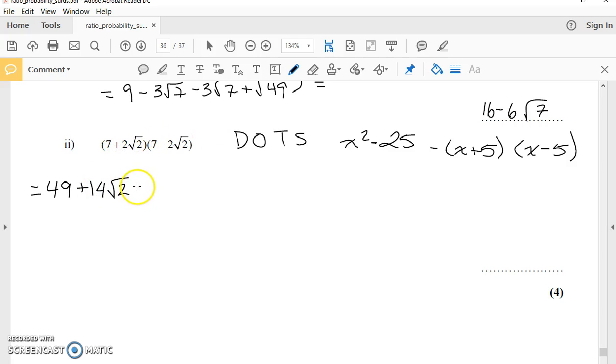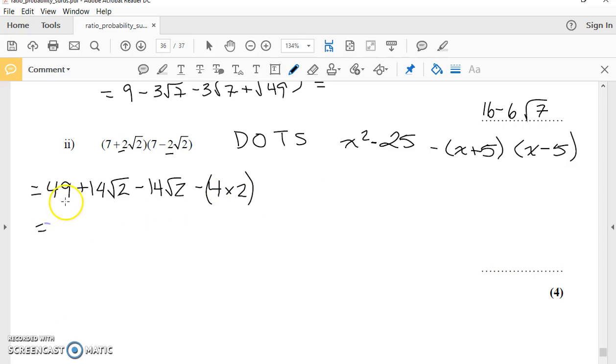Okay, and then I've got minus 14 root 2. Okay, and then last I've got 2 root 2 times minus 2 root 2. So I'm going to multiply the 2 and the 2, which gives me minus 4. And then I've got root 2 times root 2 gives me 2, so 4 times 2.